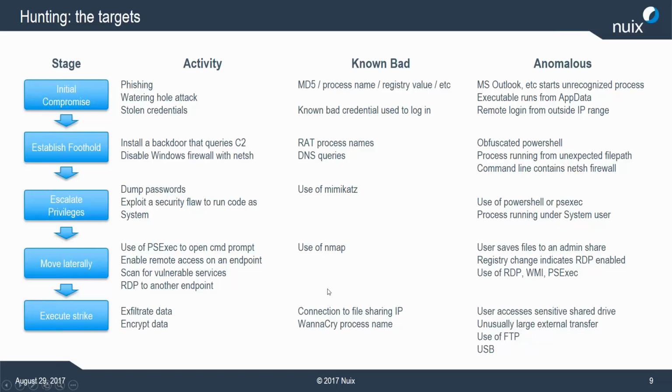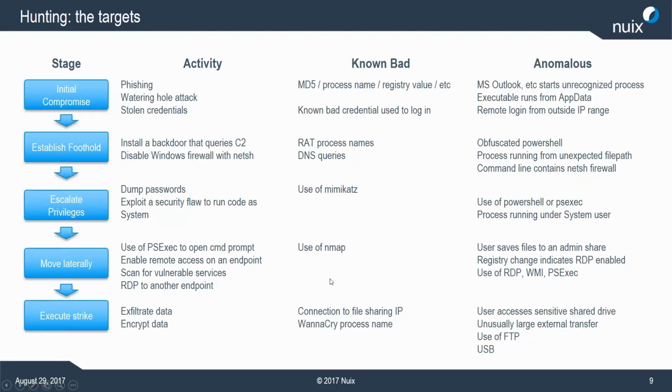I can certainly look for known bad, and that's going to be your threat intelligence, whether it's an MD5 hash, a process name, a registry value, or a known bad credential. If I have credentials that I know have been compromised in some way, I might look for those if they haven't been disabled. Process names, DNS queries, things like the use of Mimikatz or Nmap, process names associated with ransomware.